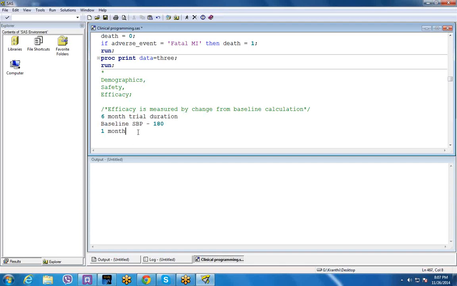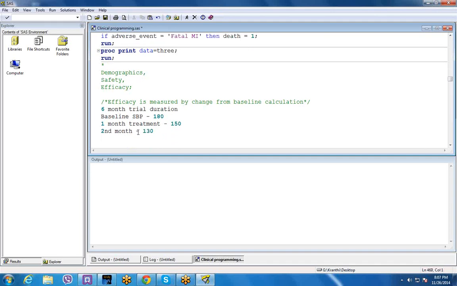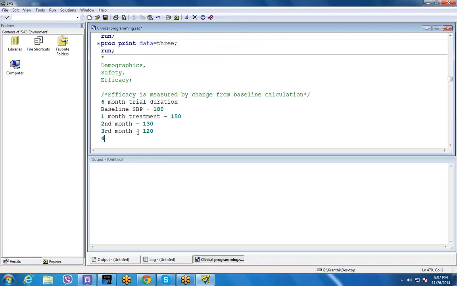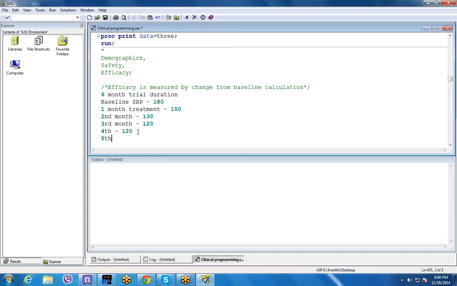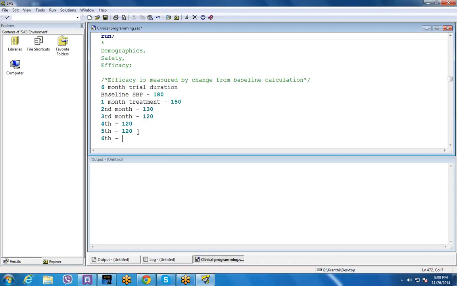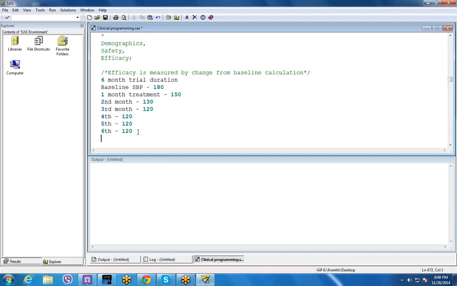Initially blood pressure is 180, then after 1 month of treatment it shows 150, then the second month 130, then the third month 120, then the fourth, fifth and sixth months also 120. So how can you measure the efficacy here?